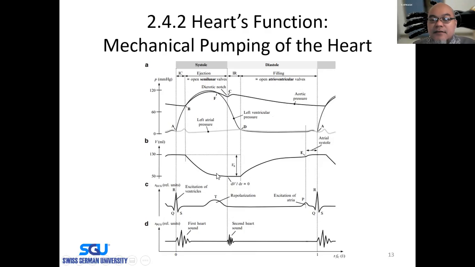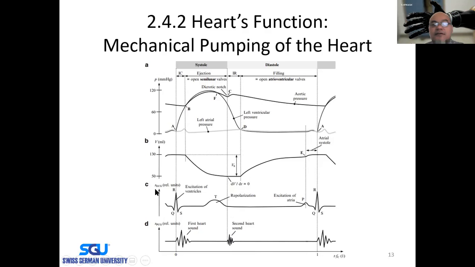So this blood is completely pumped, ejected, and then blood starts to flow again from the upper chamber, the atrium, into the ventricles at this diastole stage, which usually occurs after the repolarization, after the T wave, until the P wave. The filling of the ventricles from the atria by the blood causes the second heart sound.